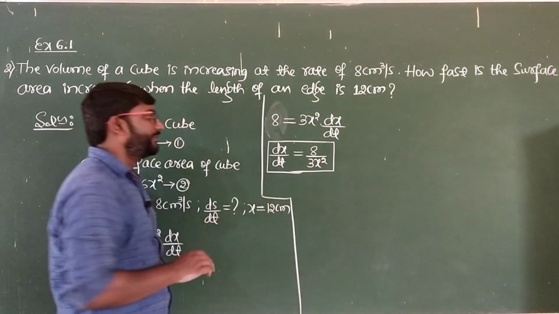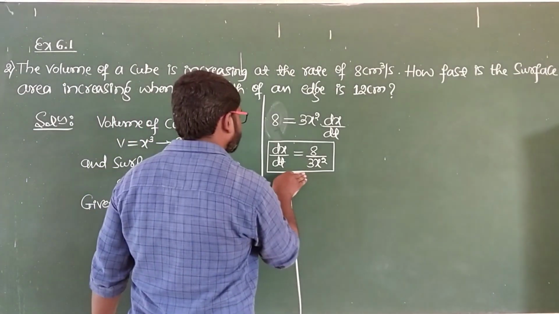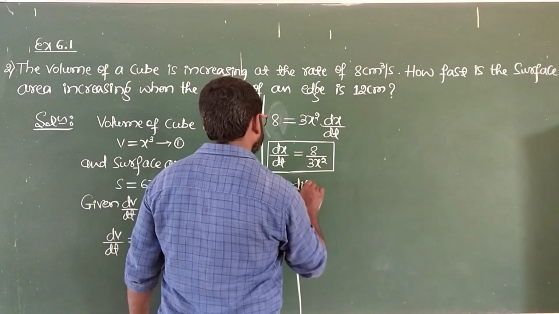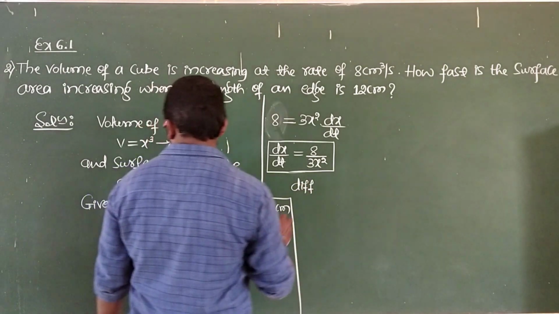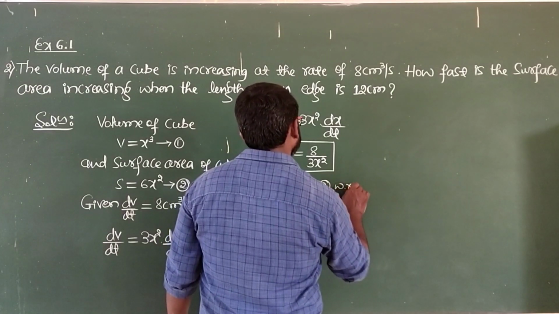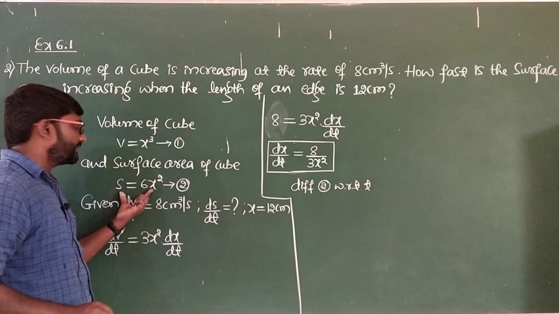Now we have to go for the surface area, that is S equals 6x square. So now differentiate equation 2 with respect to t. Both the sides we have to differentiate with respect to t.